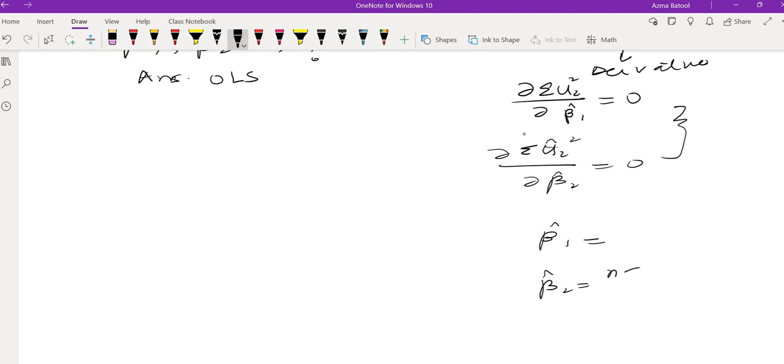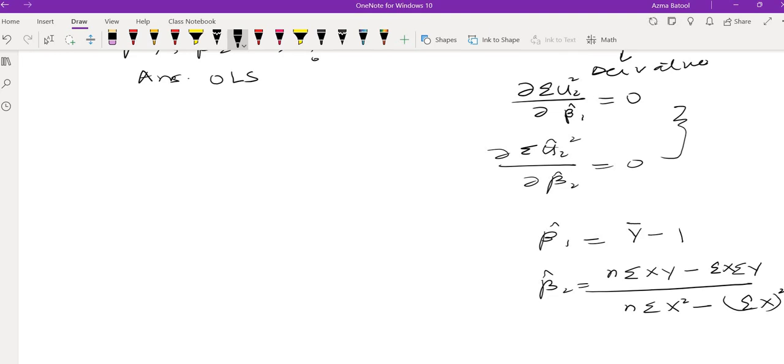It is n summation xy minus summation x summation y over n summation x square minus summation x whole square. Once we get beta 2 hat, we can get beta 1 hat by this formula: y bar minus beta 2 hat into x bar, right?